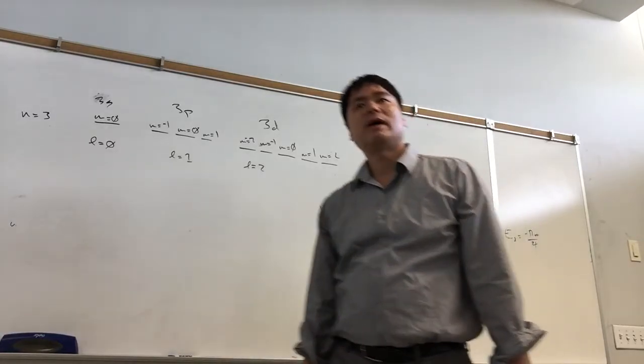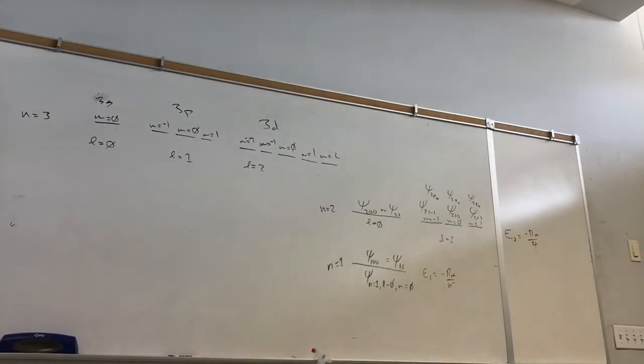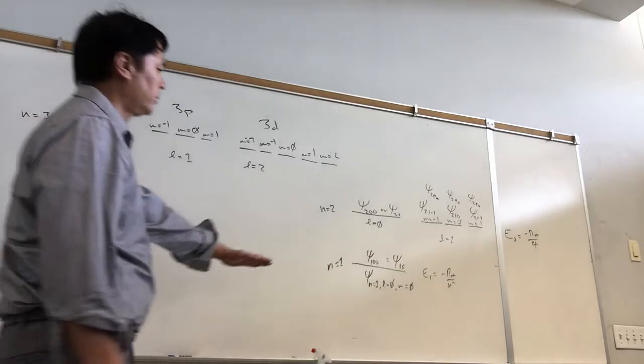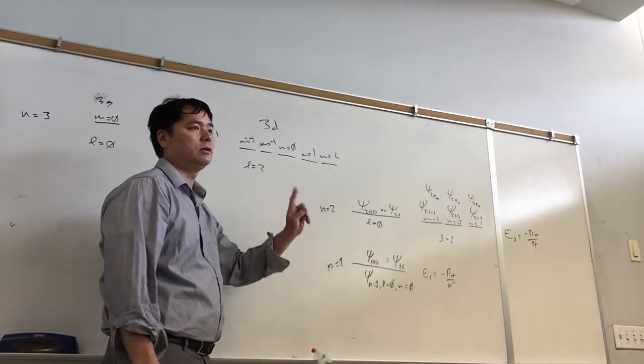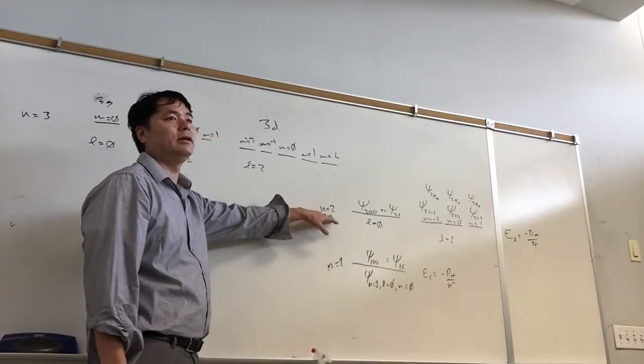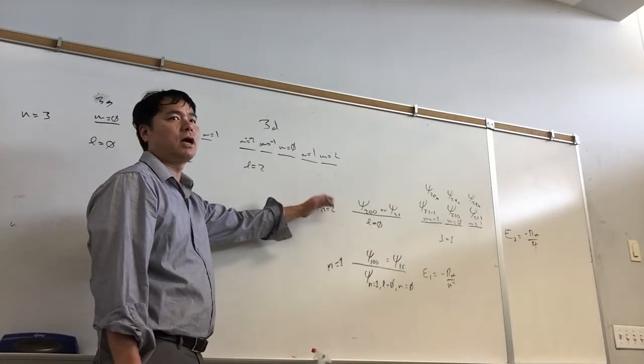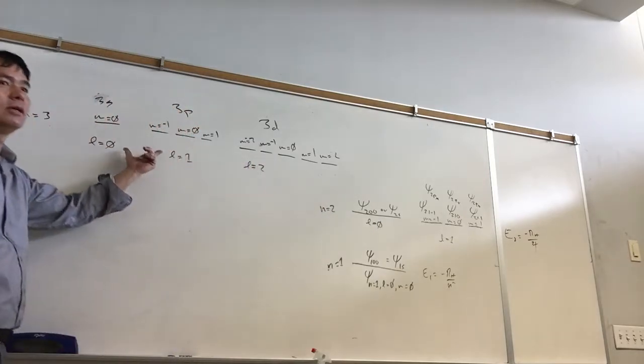And so do you see another mathematical pattern here? How many total orbitals are there at n equals 1? There's 1. How many total orbitals are there at n equals 2? 4. How many total orbitals are there at n equals 3? 9.